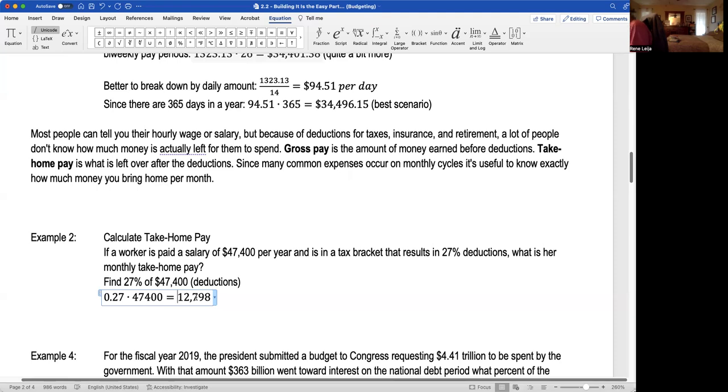$12,798. Now, remember, this is how much she makes in a year, the 47,400. That's why this amount is so big.